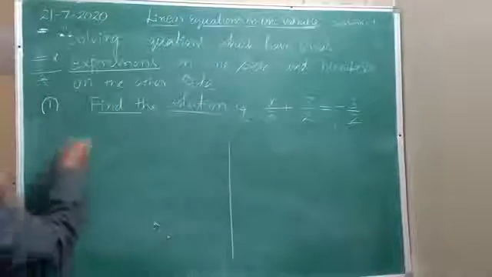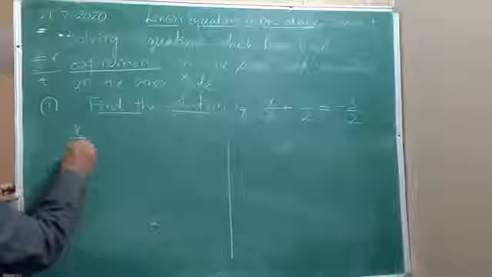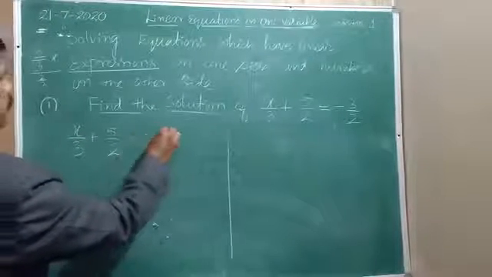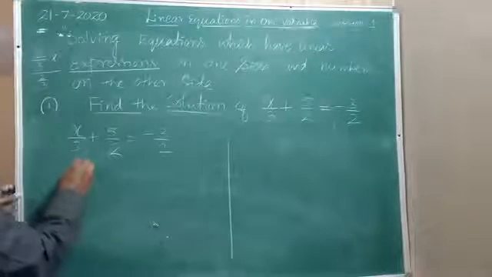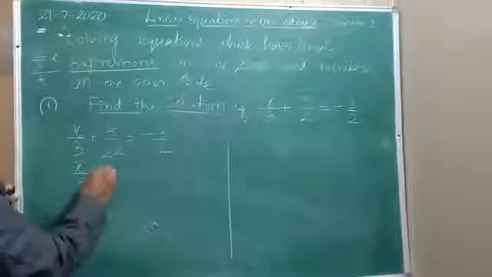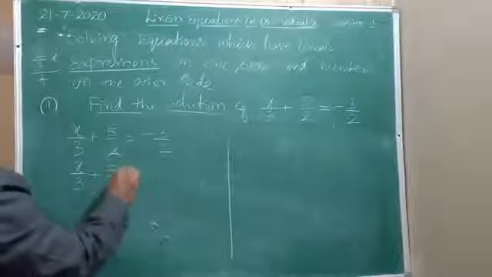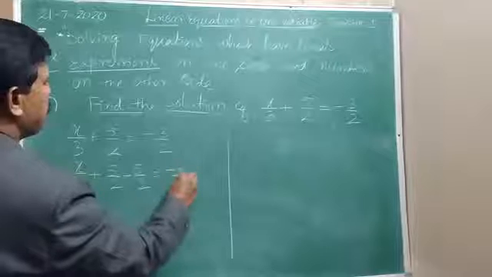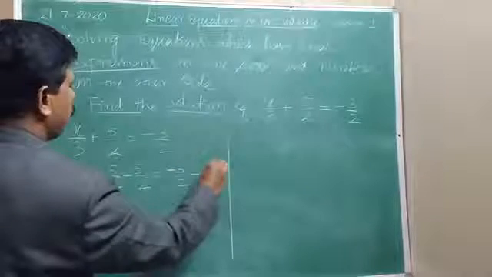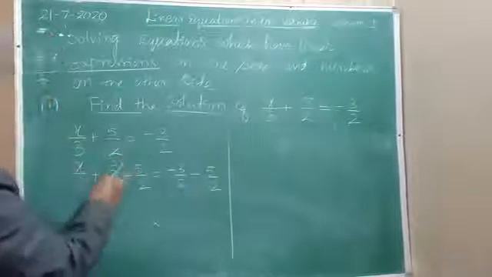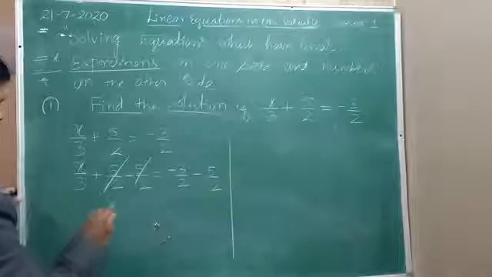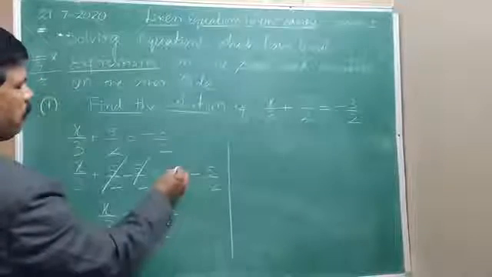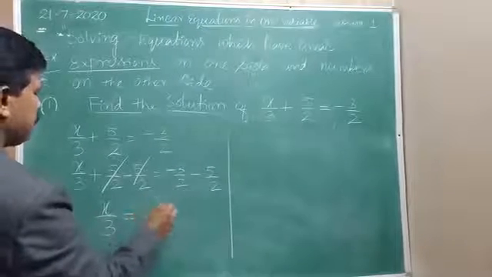Now look at the same: x by 3 plus 5 by 2 equals minus 3 by 2. So here is x by 3 plus 5 by 2 add minus 5 by 2 equals minus 3 by 2 minus 5 by 2. So here these two get cancelled. x by 3 equals, here 2 is the LCM, minus 3 minus 5 is minus 8.